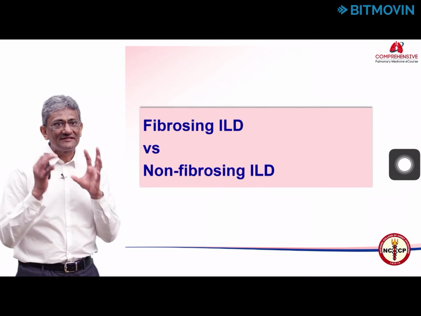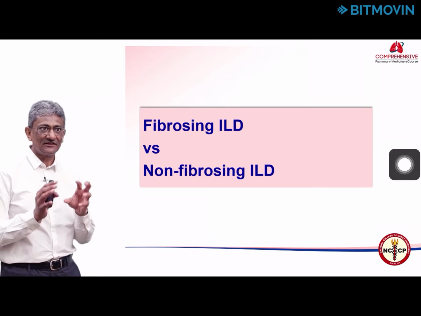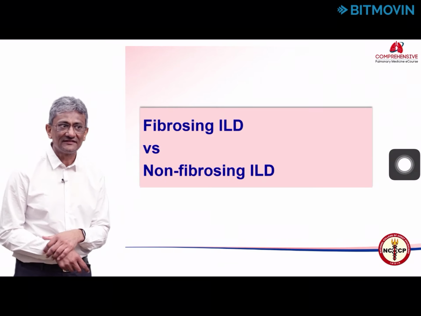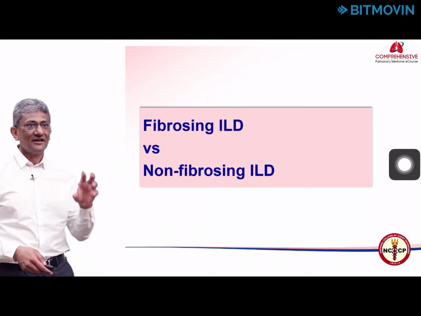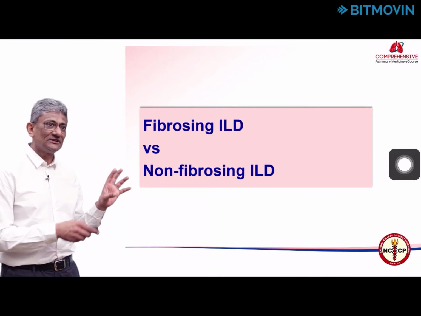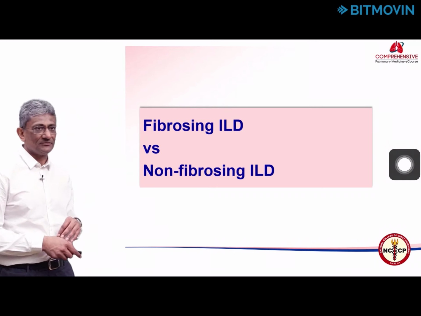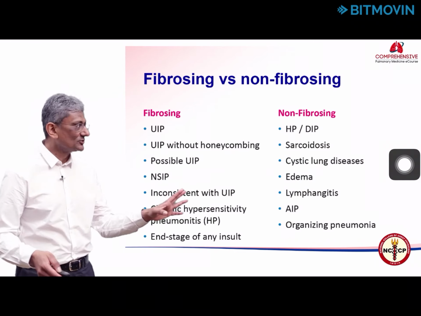And therefore, when we start interpreting our HRCT images, when we start looking at diffuse lung diseases in our minds, the first thing that we need to do is determine whether we are dealing with a fibrosing ILD or a non-fibrosing ILD. So, which are the fibrosing ILDs?